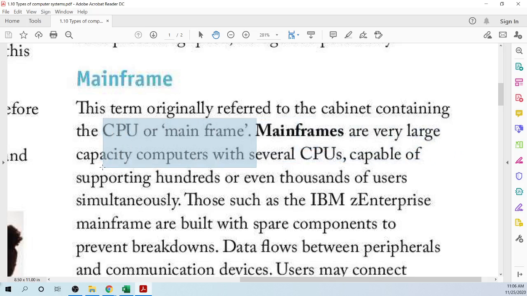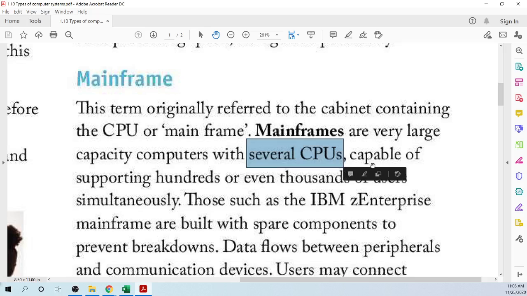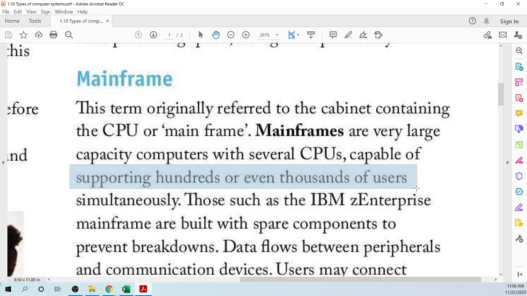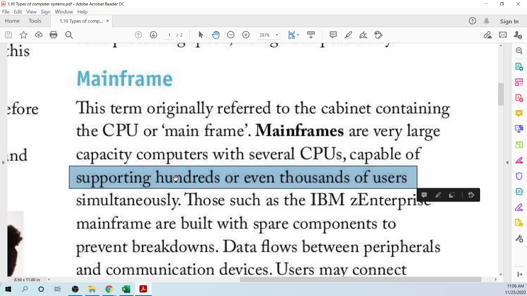Mainframes are very large computers and they have several CPUs inside of them. Because of that, they are capable of supporting hundreds or even thousands of users.